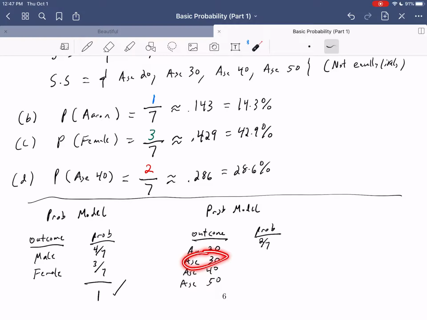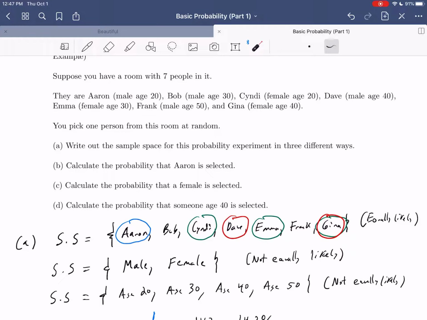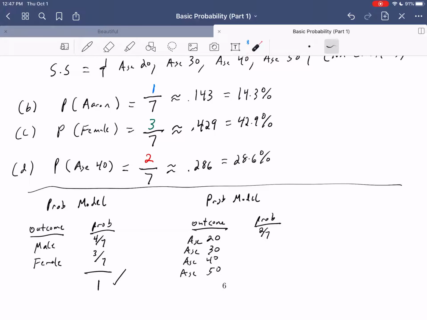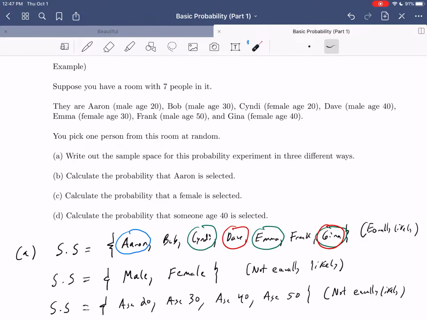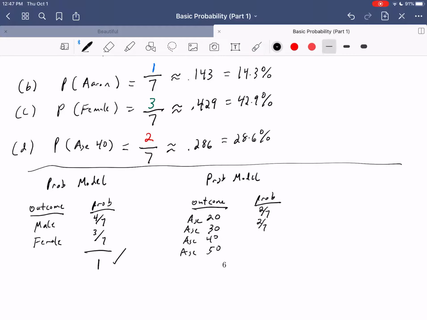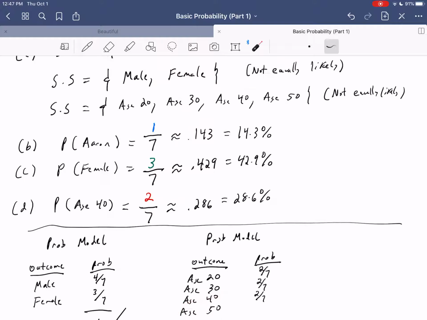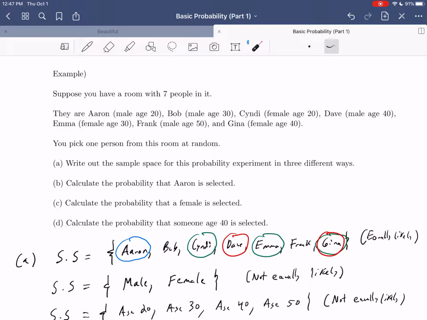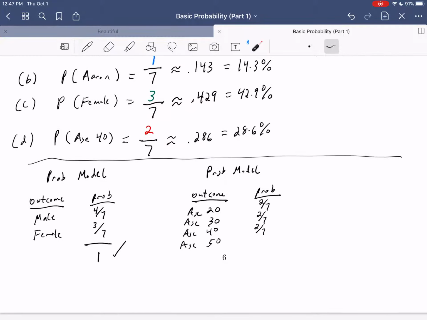Age 30, that would be achieved if we ended up selecting Bob or Emma, so that's 2 out of 7 as well. Age 40, that would be achieved if we ended up selecting Dave or Gina, so that's 2 out of 7 as well. And age 50, well, that would only happen if we ended up selecting Frank. That's 1 out of the 7 people.